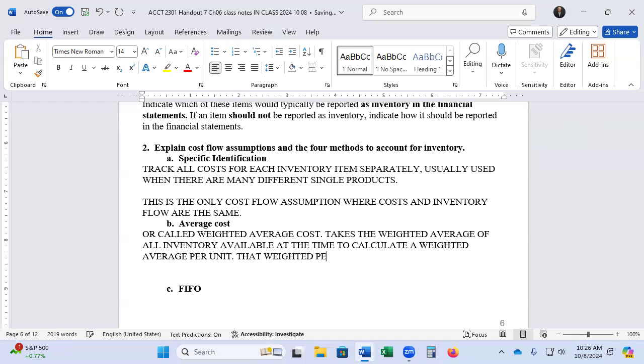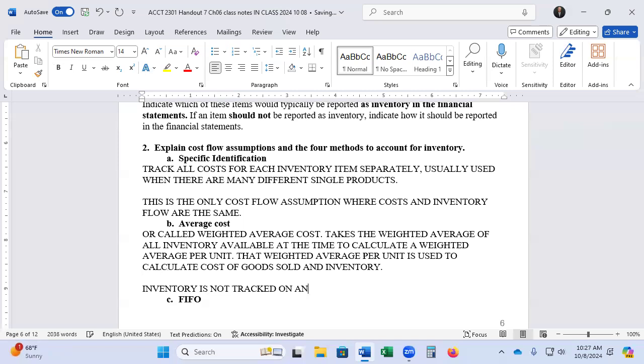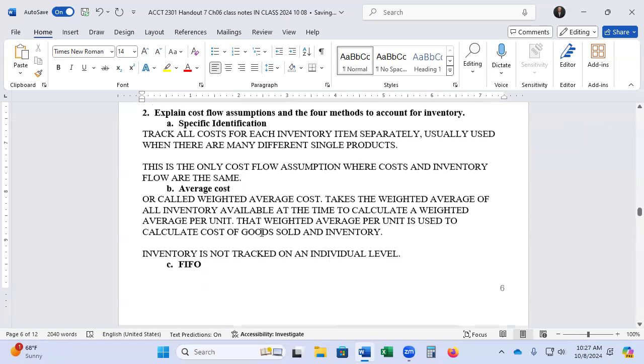That weighted average per unit is used to calculate cost of goods sold and inventory. Inventory is not tracked on an individual level.